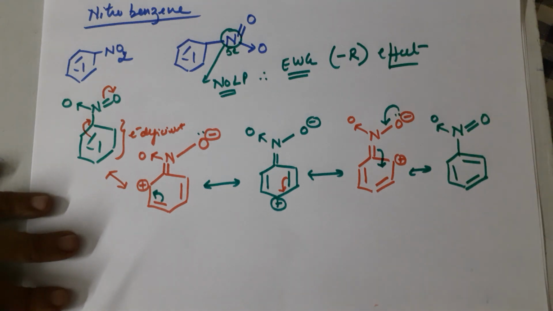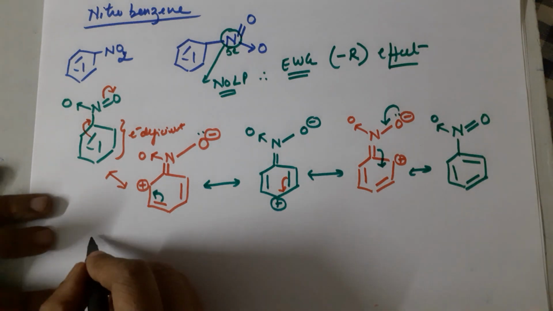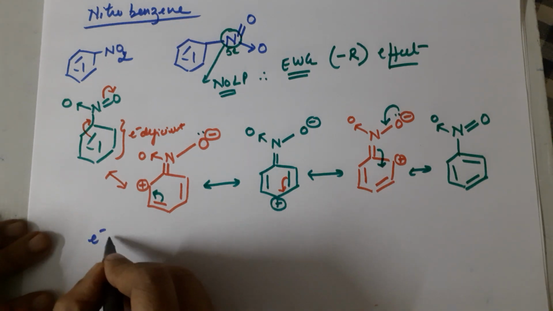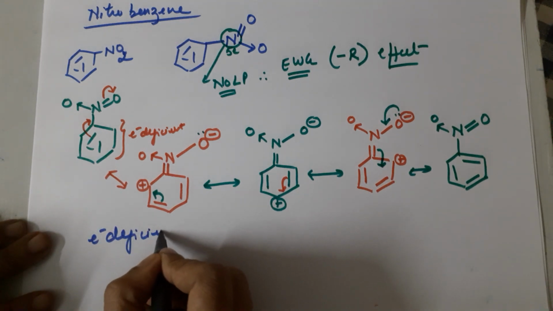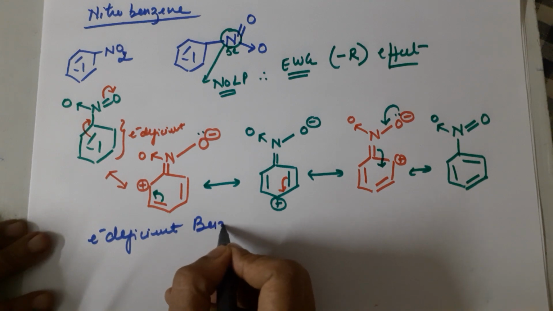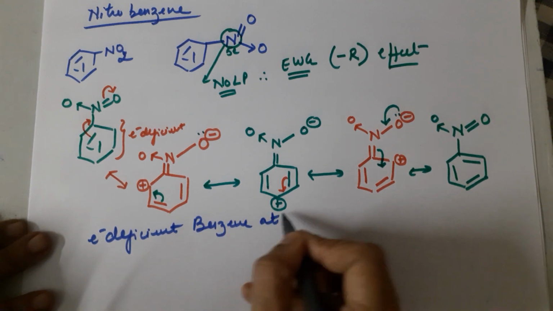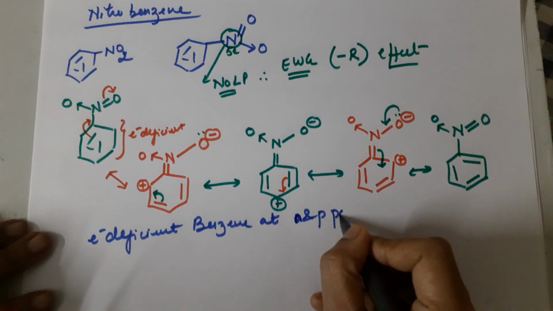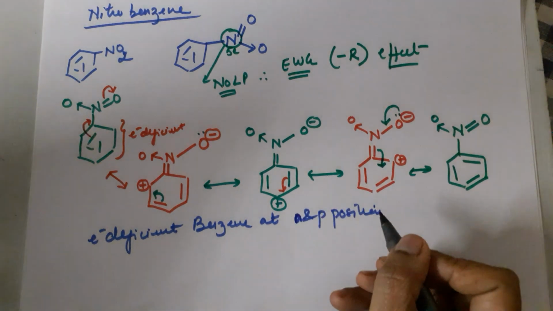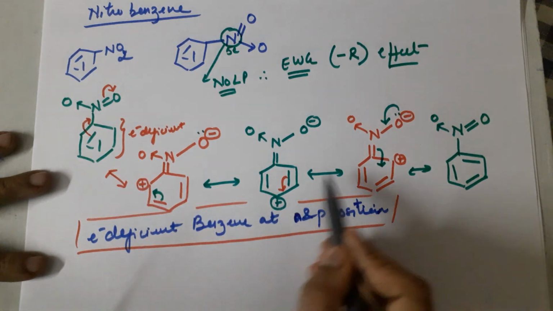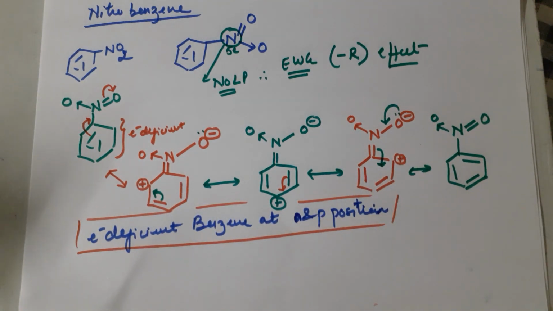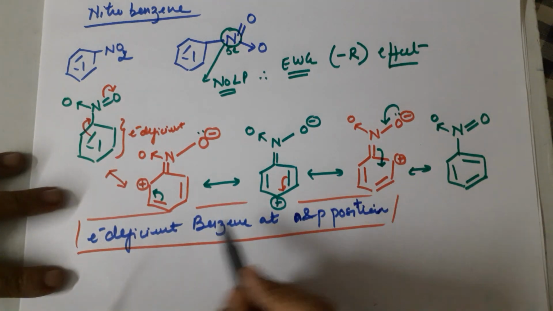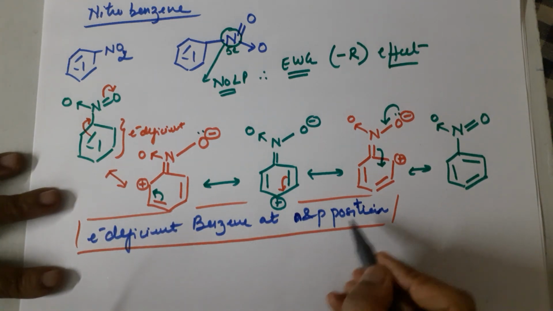Now as you can see, in these structures you have electron deficient benzene at the ortho and para positions. Because the ortho and the para positions have a positive charge, so they become electron deficient at ortho and para position.